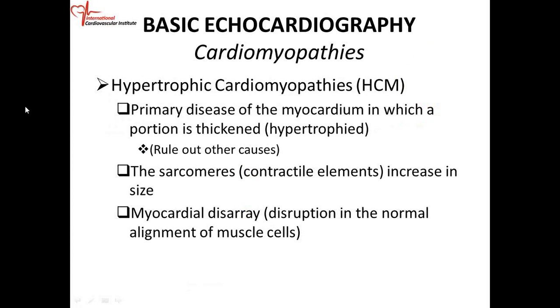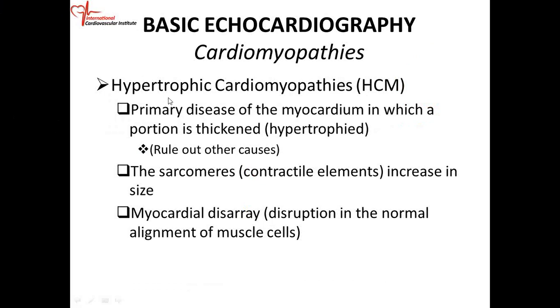But this is a primary disease of the myocardium. The myocardium gets thickened because of some muscle disease. So a portion or all of the myocardium may be thickened, okay?